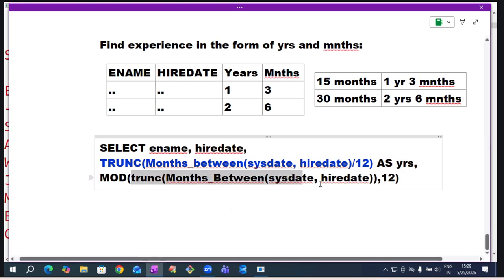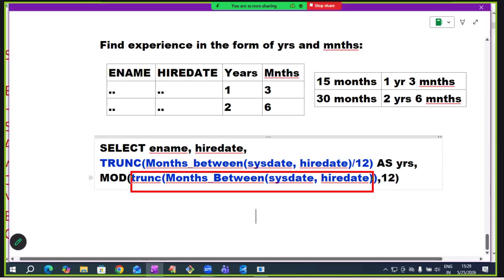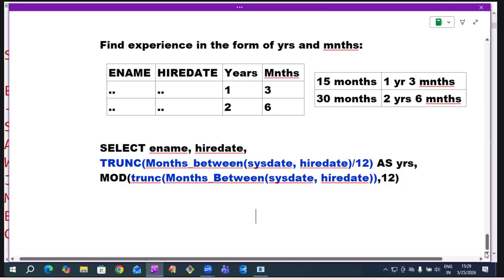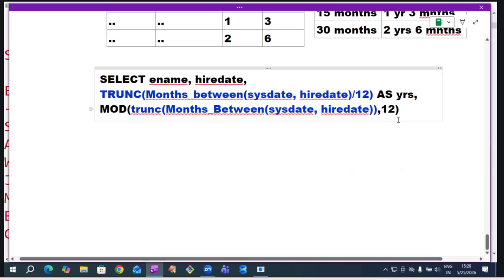So here we are finding number of months, experience in the form of months. Those number of months we are dividing with 12. We are getting remainder value. So above months we get as months from A.